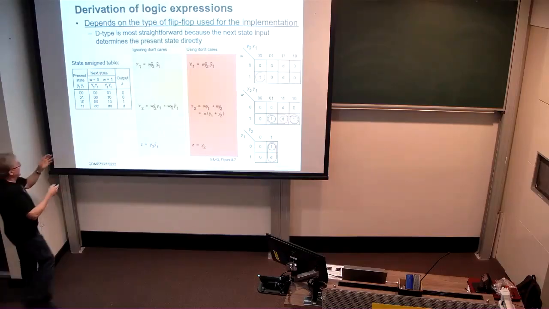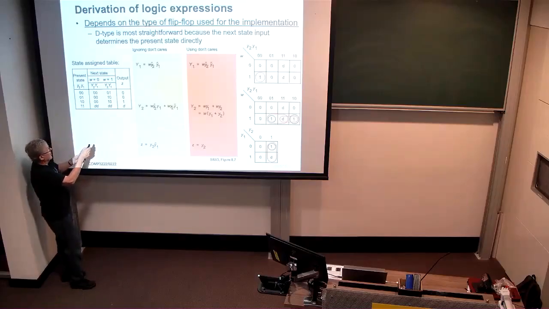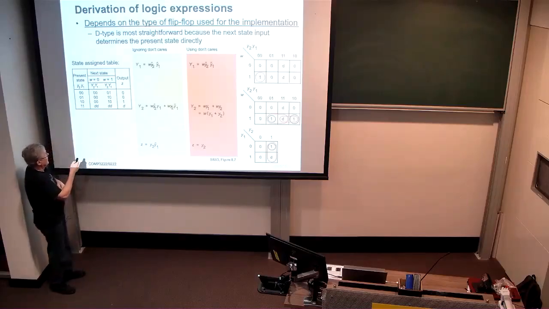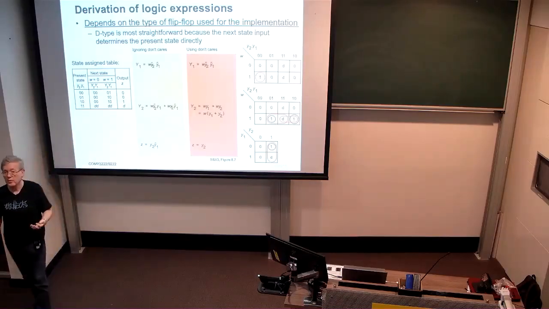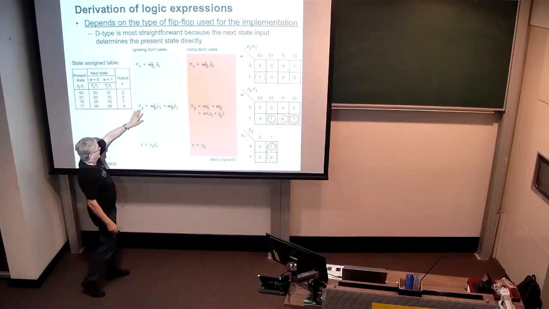All right, so when is capital Y1 1? Well, it's only 1 in this very first row, and when W is 1. That is, when we have W and not Y2 and not Y1. So that's the logic equation that we can immediately derive for capital Y1. What about capital Y2?